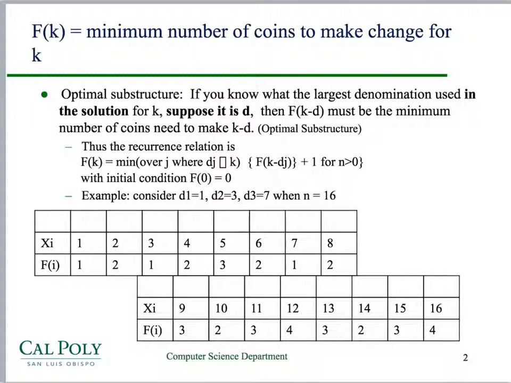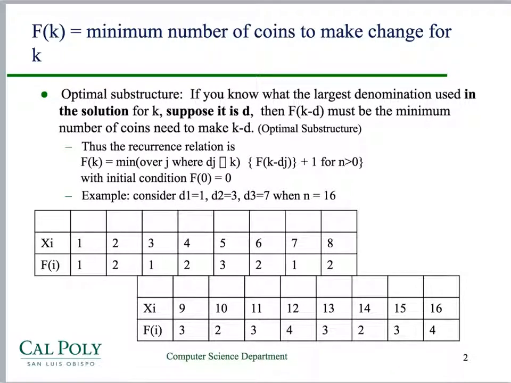As you recall, the most important step is the first step, and that is to try to understand what the optimal substructure of the problem is. So for change making, just suppose that you know what the largest denomination used in a solution for k is, and suppose that it's d.